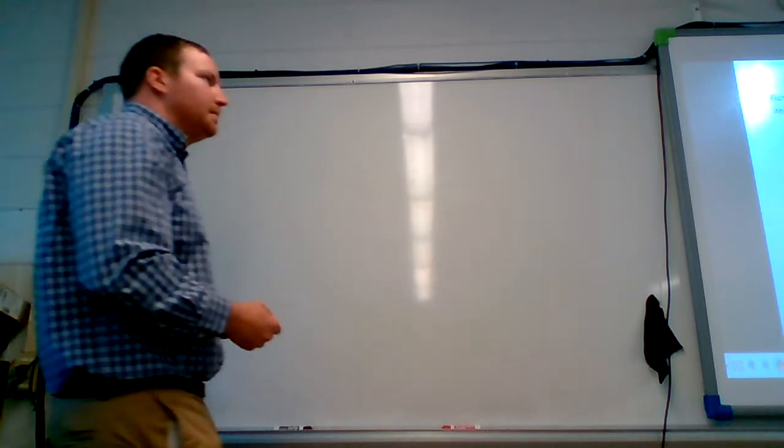So again, domain, left and right, it's your x values; range, down and up, it's your y values. So let's look at a couple of examples.